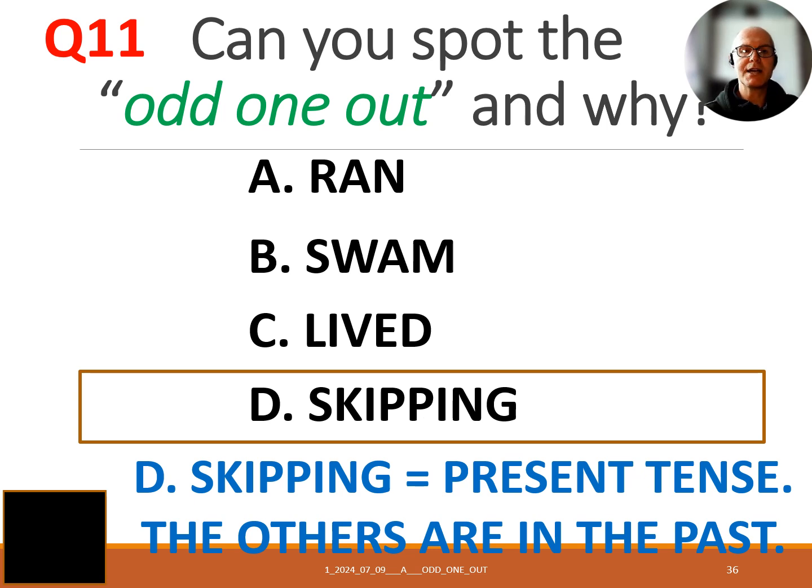All the others are in the past tense. Ran, swam, lived are all in the past tense. All four are verbs, but D is a different tense of verb compared with the other three.